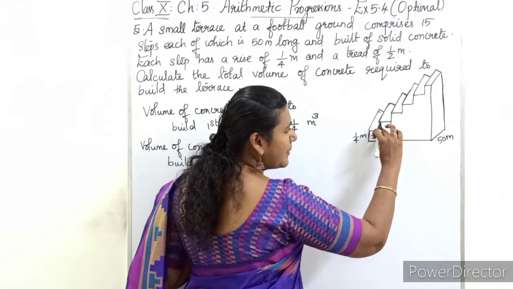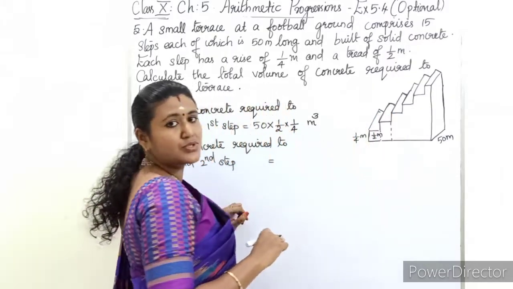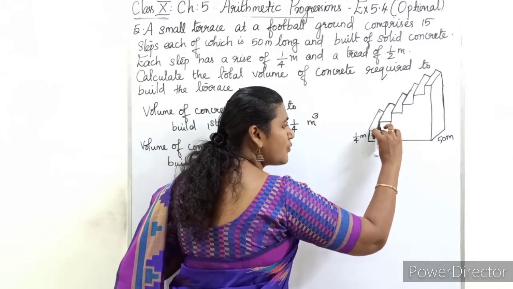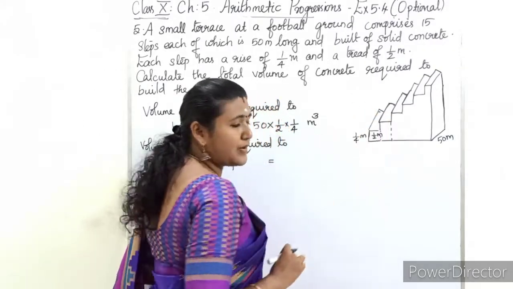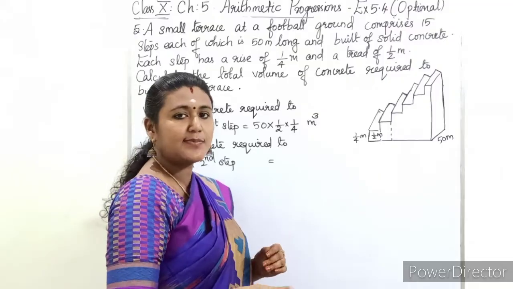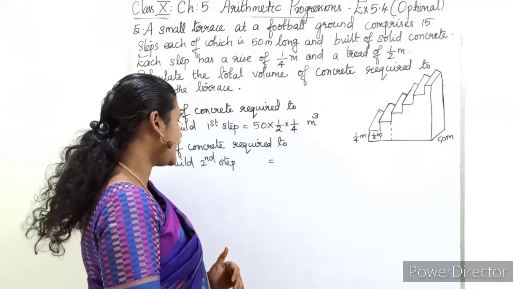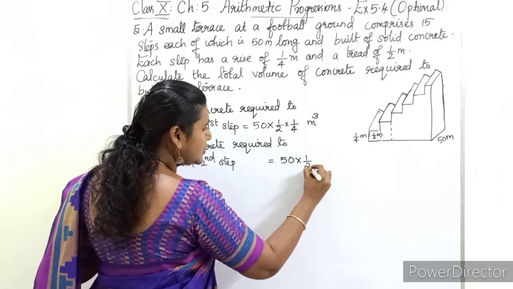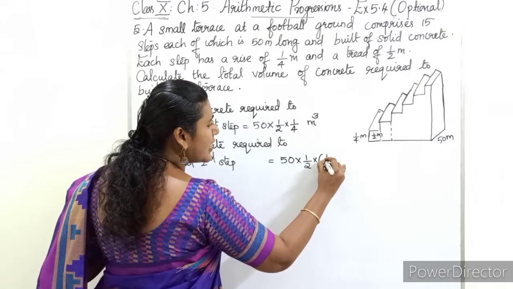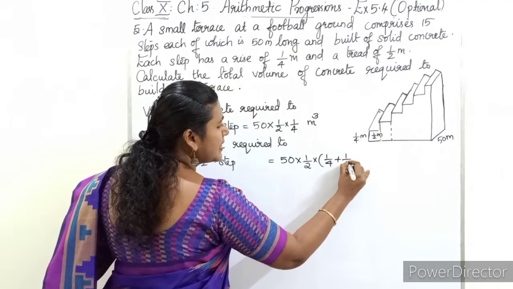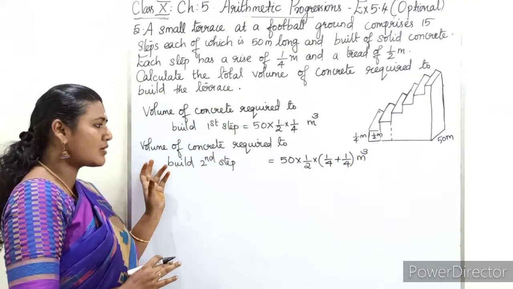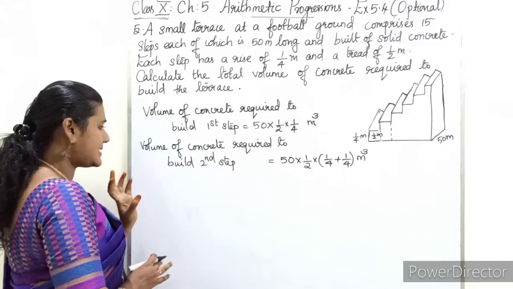The height is 1 by 4 plus 1 by 4. So length is 50, breadth is 1 by 2 and height is 1 by 4 plus 1 by 4 meter cube. This is the volume of concrete required to build the second step.